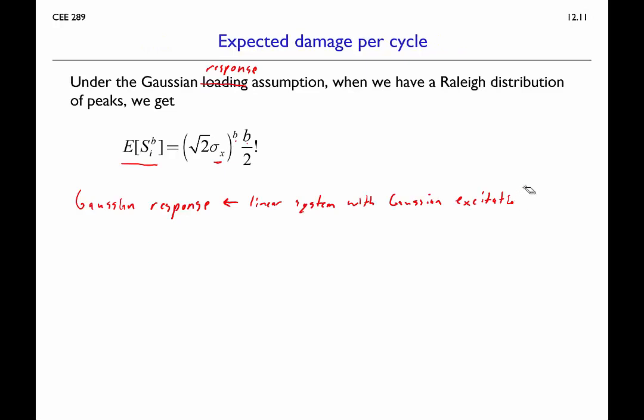So I think about things like bridge girders having stresses in them under linear response under traffic crossing across the bridge. So if that traffic had some sort of a Gaussian excitation behavior to it, then this would all be fine. There are some circumstances where this isn't quite correct.